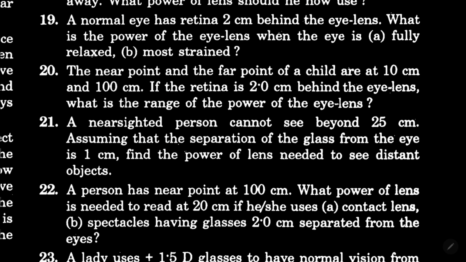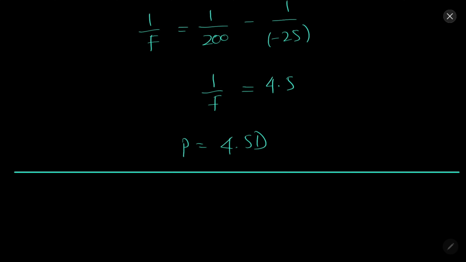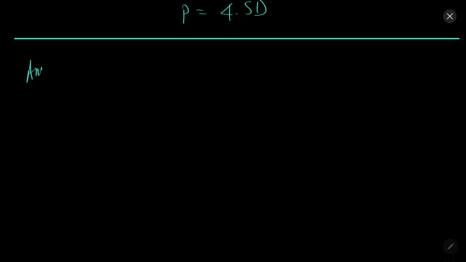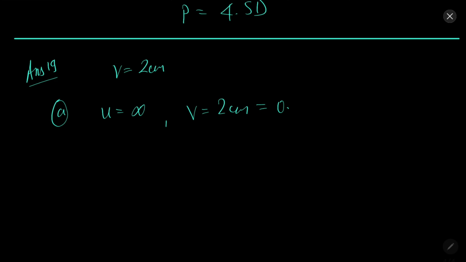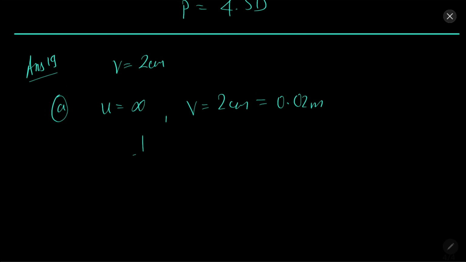In question 19, a normal eye has retina 2 centimeter behind the eye lens. What is the power of the eye lens? Solution 19. So A part. Remember V is 2 centimeters. U equal to infinity, V equal to 2 centimeter or 0.02 meters. 1 by f equal to 1 by 0.02 minus 1 by infinity, which will give us 50 diopters.